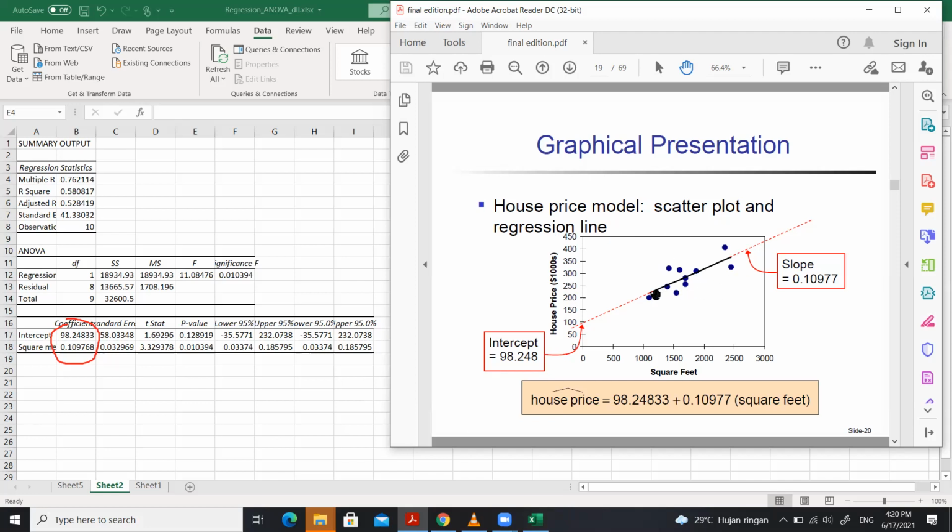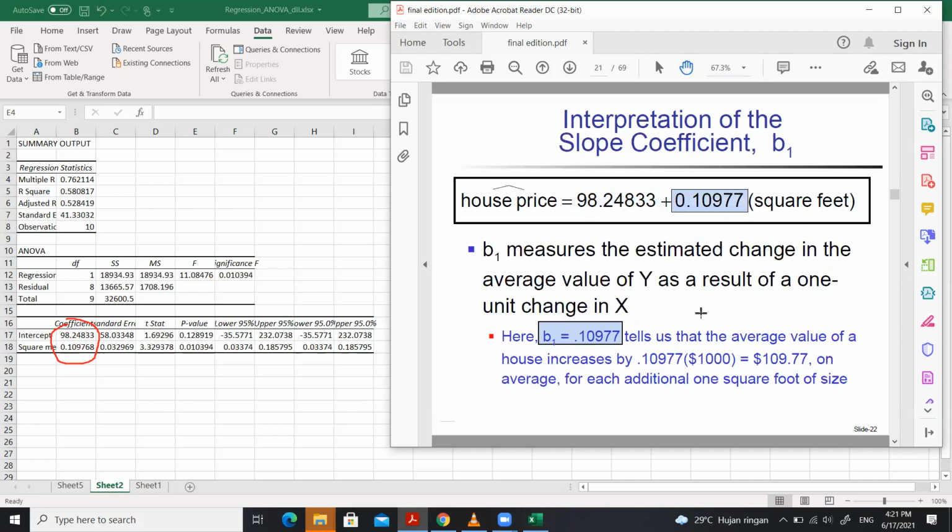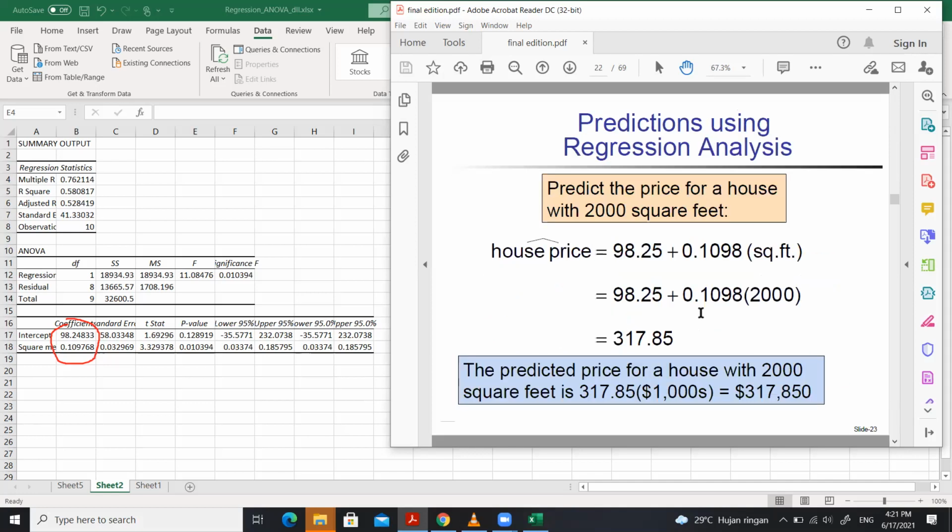You can create the straight line for the predictor, which has slope 0.1 and intercept 98.24. This is for the slope.